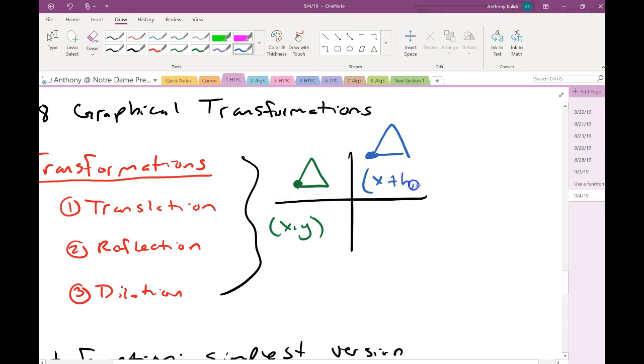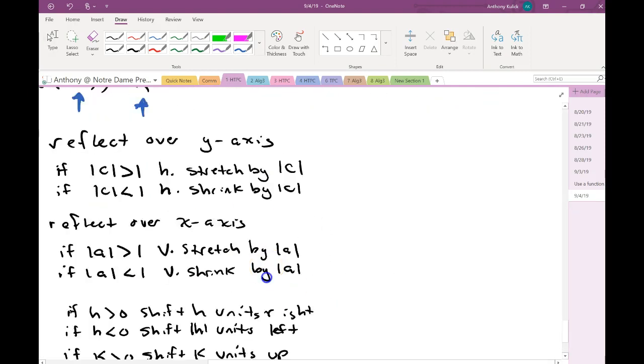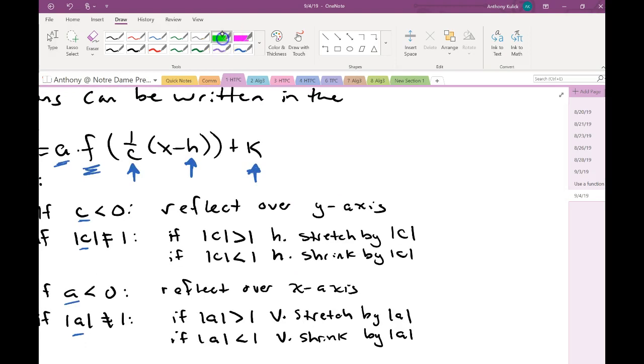So we would have added something to each of the two coordinates, correct? To do a translation. Notice in our function down here, the operation going on between the h's and the k's that are controlling the translations is addition and subtraction, right? So hopefully it's easy to remember that the addition and subtraction ones are the translations.